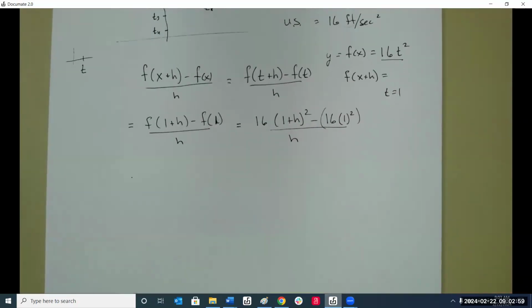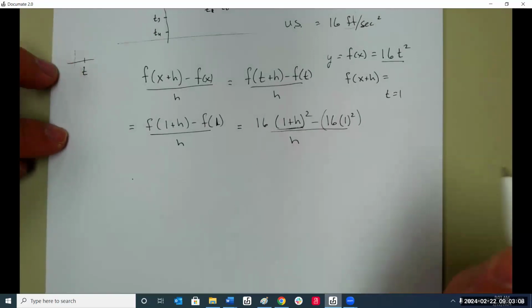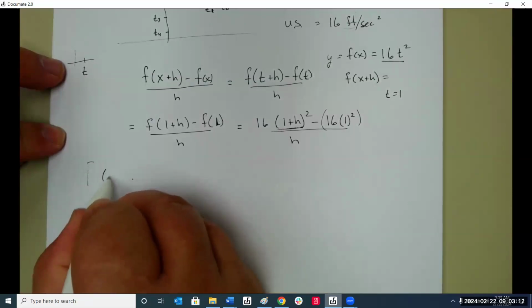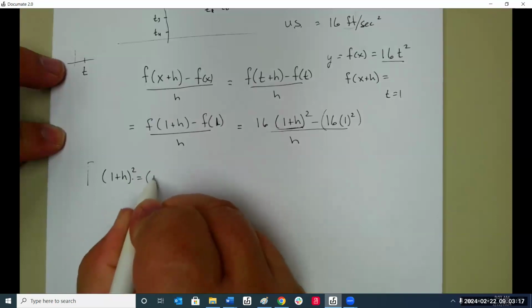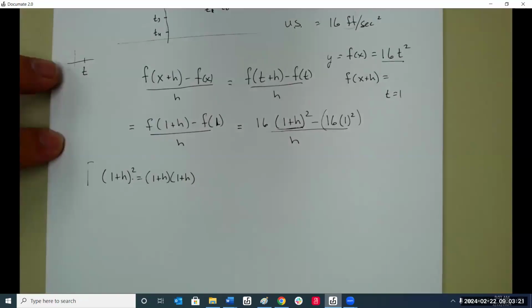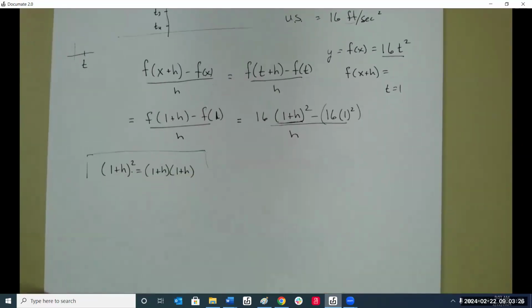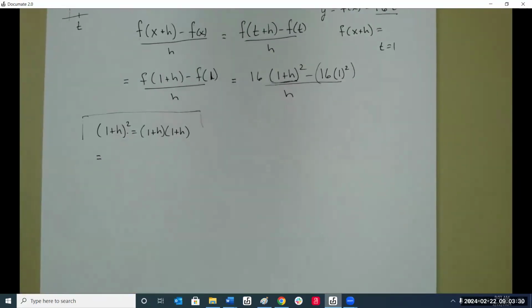How do we solve this? What do we have to do first? Well, we have to first do this one. 1 plus h squared is equal to 1 plus h times 1 plus h. So what does that one become?